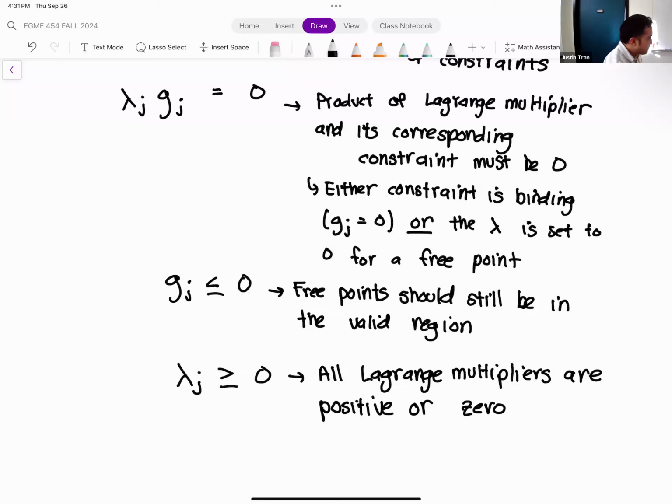Now, this last condition is going to change if you have a maximization problem, right? The KKT conditions are one of those optimization theories which inherently assume that you're doing a minimization. If you're doing a maximization problem, then the sign for this one flips.